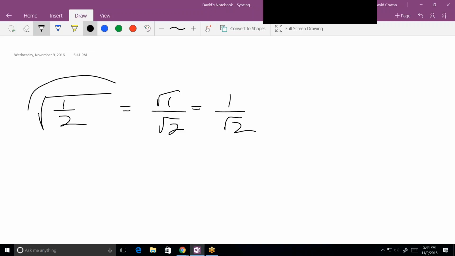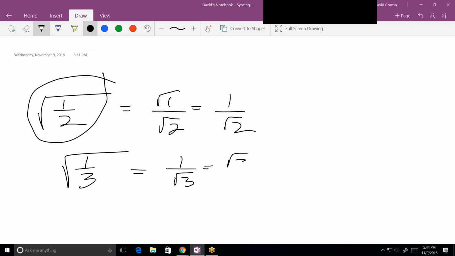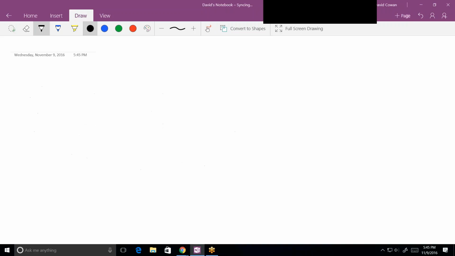So sometimes you'll have a fraction that doesn't look like you have an irrational denominator, but you actually do. In fact, if I had square root of 1/3, that's 1 over square root of 3, which becomes square root of 3 over 3 after rationalization.